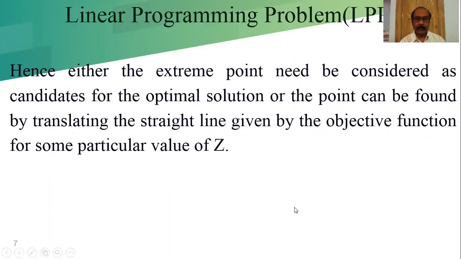If it passes through the origin and we shift it parallel to itself, from that we can find which corner point gives us the optimum value of the objective function. If it is a minimum, then it is the lower boundary of the region. If it is a maximum, then it is the upper boundary where it meets. That gives us the optimum solution.